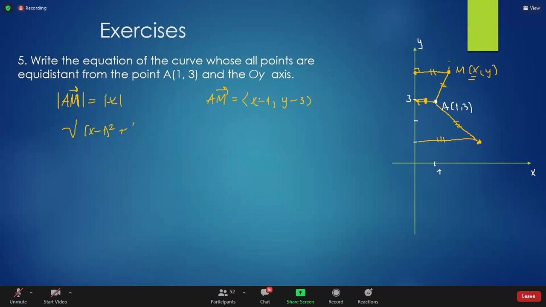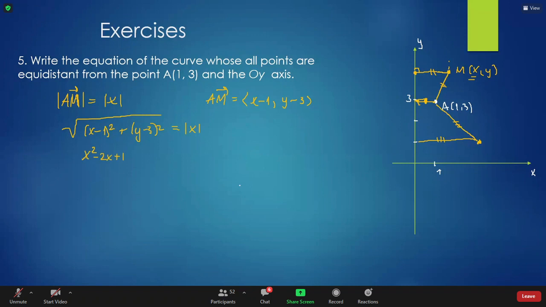Now to simplify, we need to square both sides. I will also open the parentheses at the same time. Okay, y squared minus 6y plus 9 equals x squared.